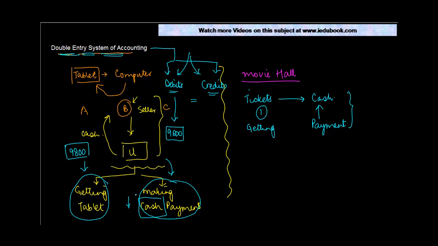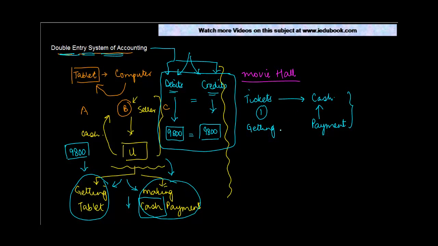So there's a reduction in the value of an asset, and the accounting rule again tells you that a reduction in the value of an asset has to be credited. And again, the amount will be the same. So in a double entry accounting system, the debits are always equal to the credits. It recognizes that every transaction has two aspects, one debit, one credit.